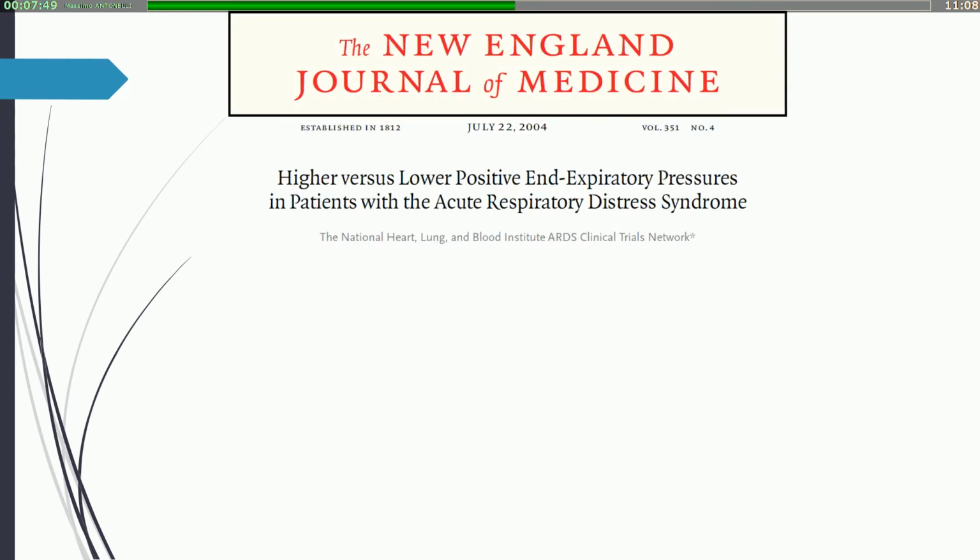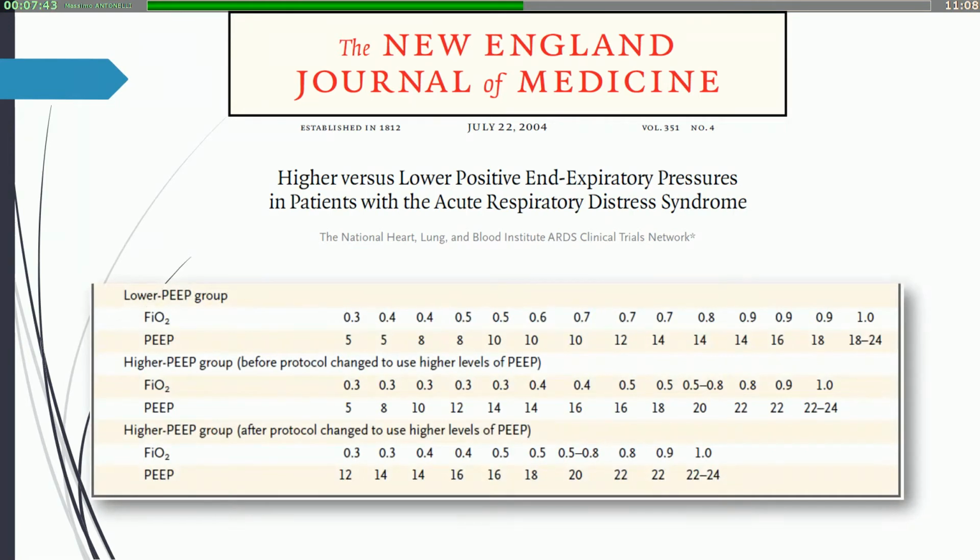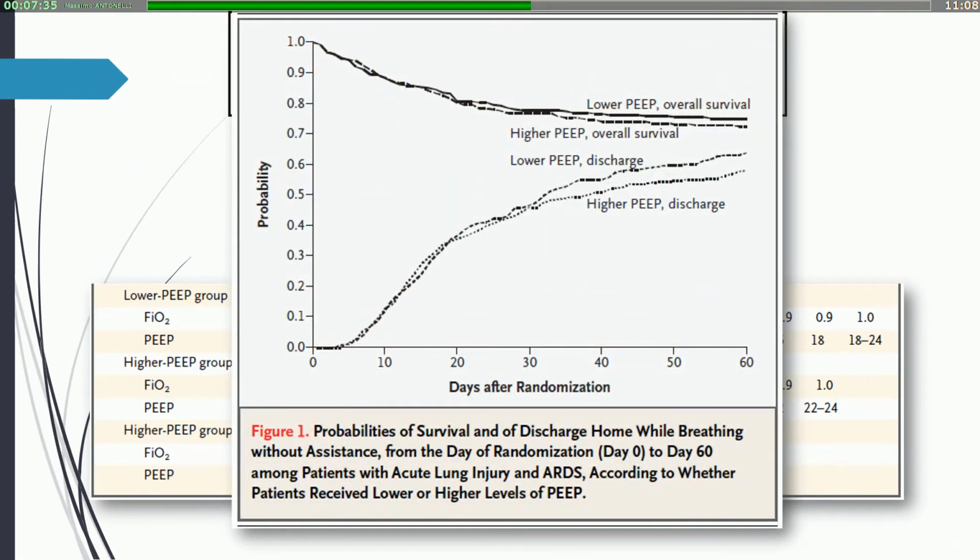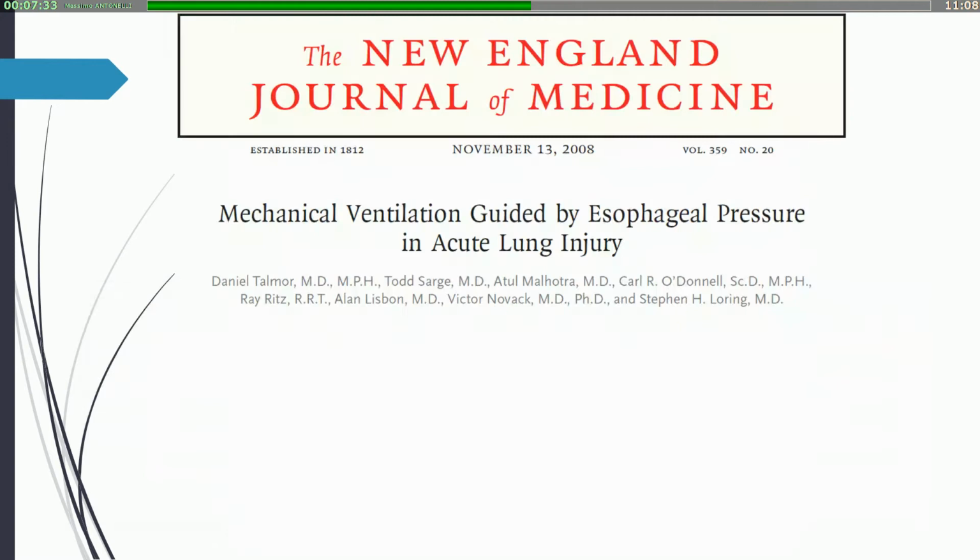Well, if we look at higher versus lower PEEP for the treatment of patients, the results can be frustrating, because in one way or another there was no real substantial benefit in applying this idea.